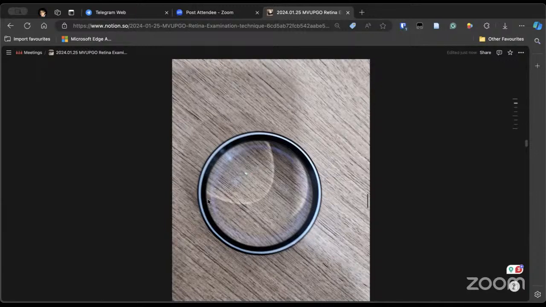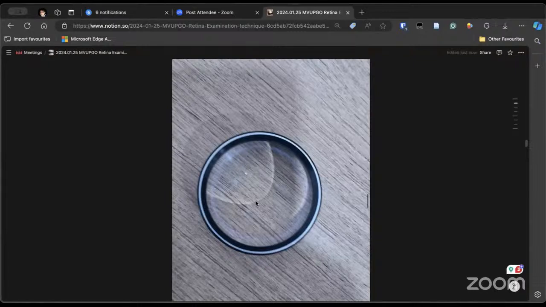Can anyone tell why this white ring is there in the lens? This should be kept facing the patient. This should be looking at the patient, not the examiner. Why? It has something to do with reflection. Yes, it will reduce reflection. The other side will have less reflection than this side.